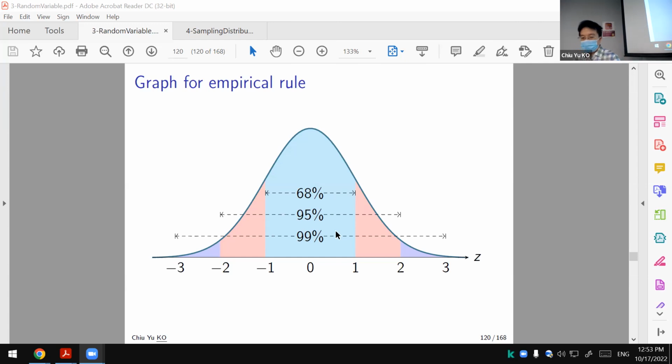Suppose, for the sake of discussion, in the midterm the mean is 70 and the SD is, I don't know, 5. Suppose your score is 80. Then it probably means that you are doing pretty well, because you are already 2 SD above the mean, so you have been better than 95%. Actually more than 95%, but at least you're doing very well.